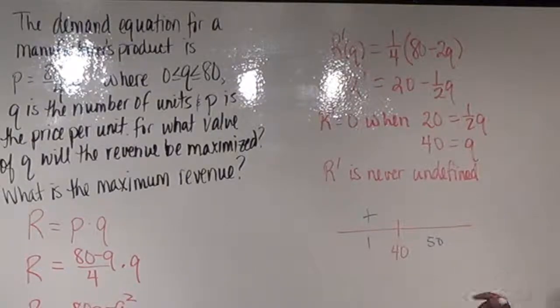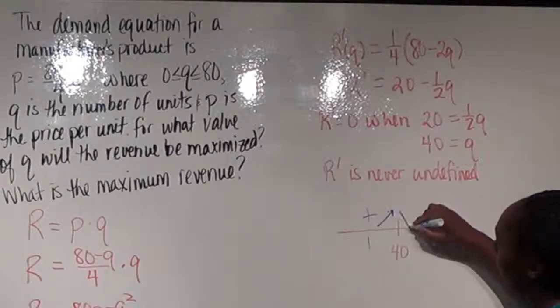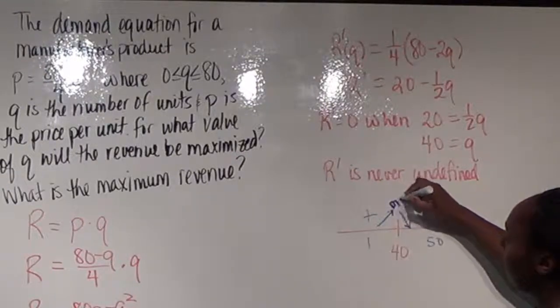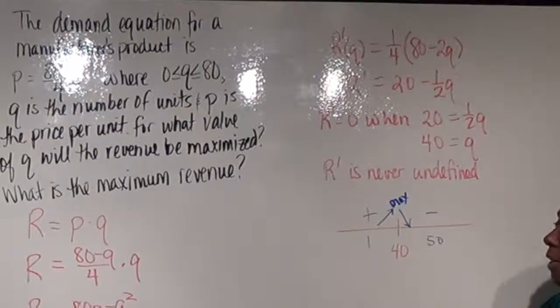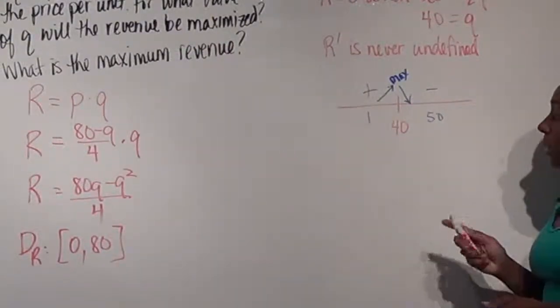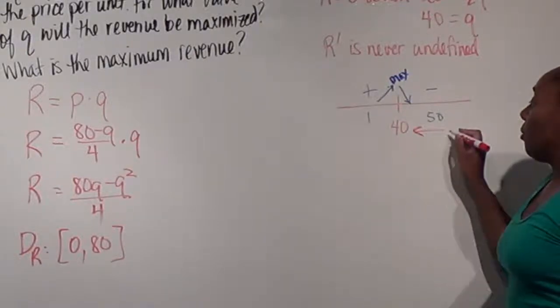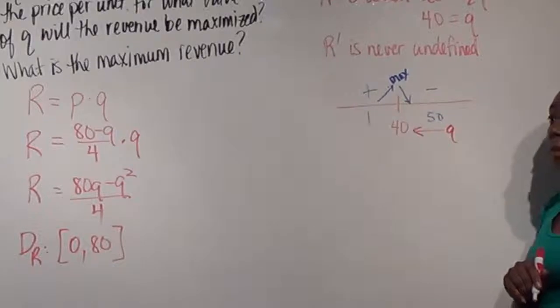And if I put 50 in there, I get 20 minus 25. That is certainly going to be negative. So we can see that it's increasing and then decreasing, which means this is going to be a max, which is what I wanted to find. I wanted to maximize the revenue. This value here is my Q that gives the maximum revenue.